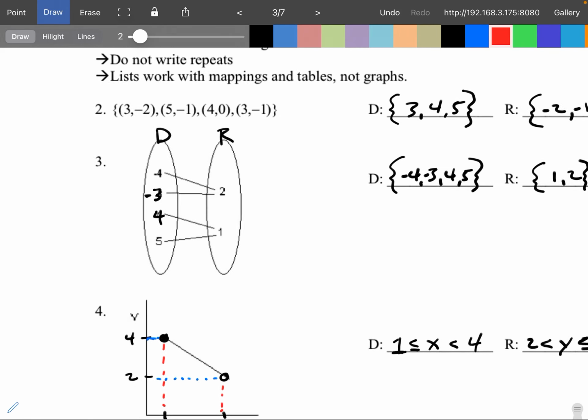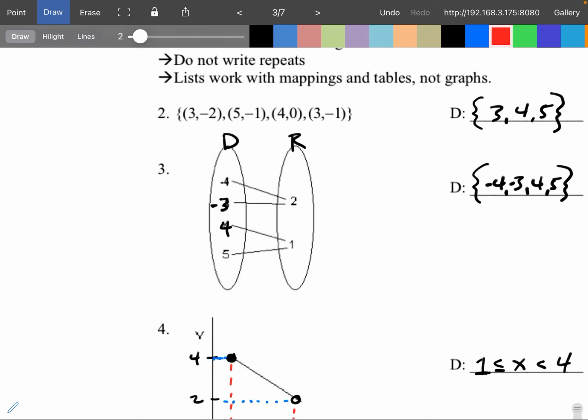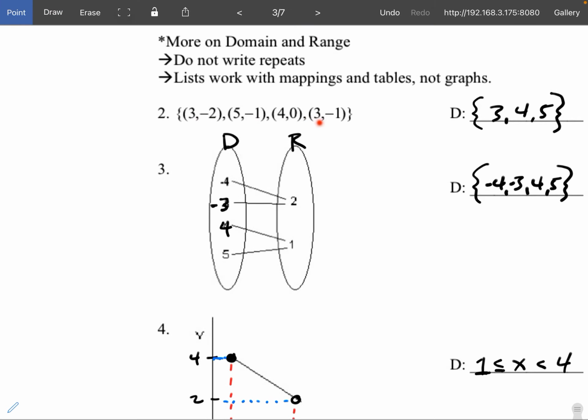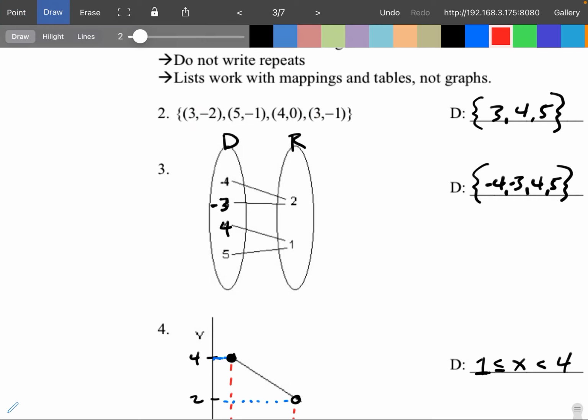All right. Now it says go back to the ones we had above and decide whether the relations are functions or not. So let's do that real quick. Up here, number 2, do you see a repeated x value?